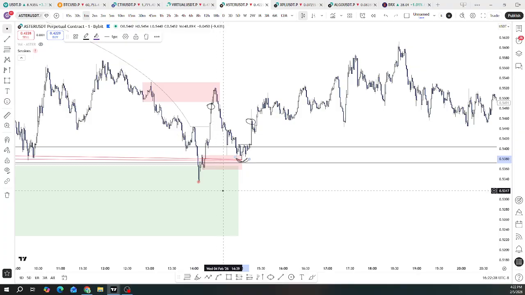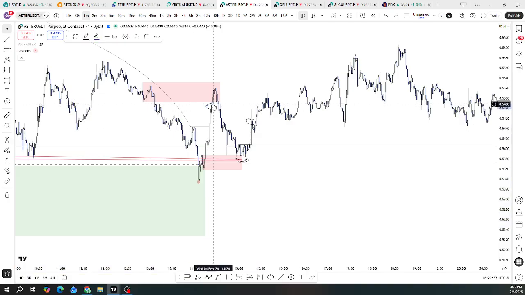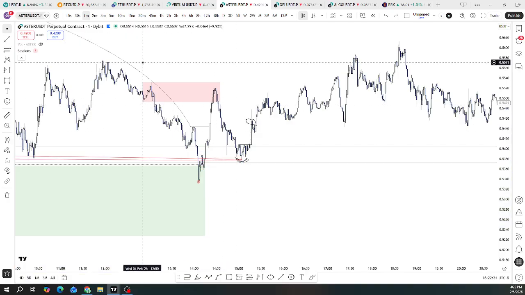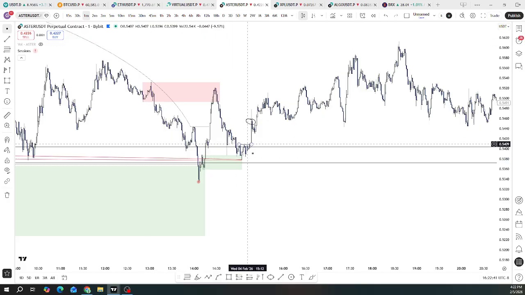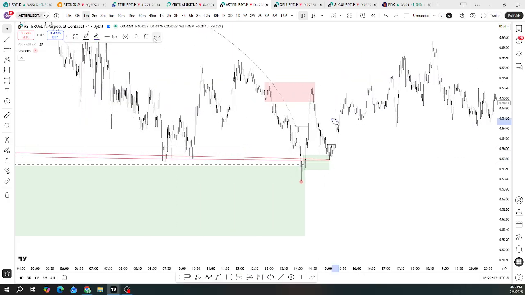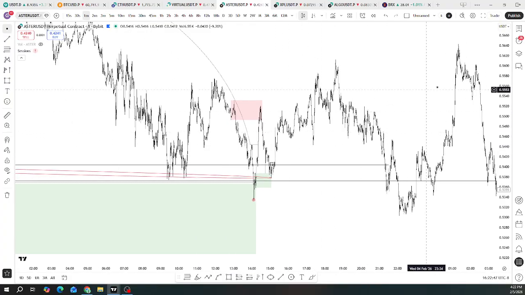And when we did get that reconfirmation, I was already positioned, so I just trailed my stop loss up to this low, de-risking the position partially.